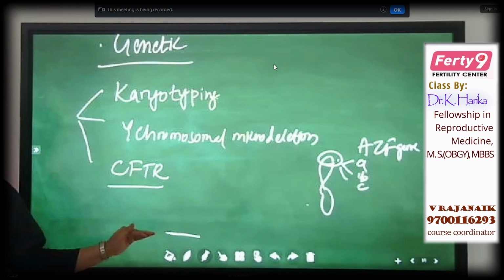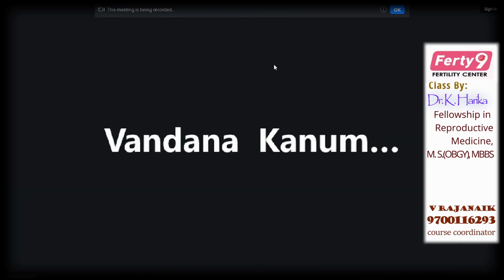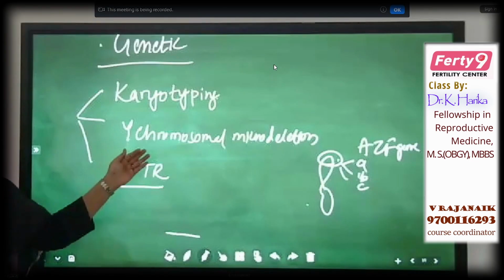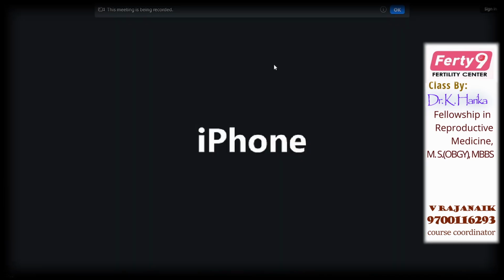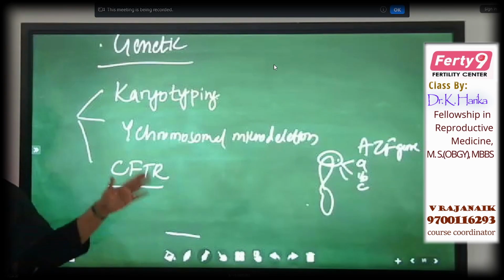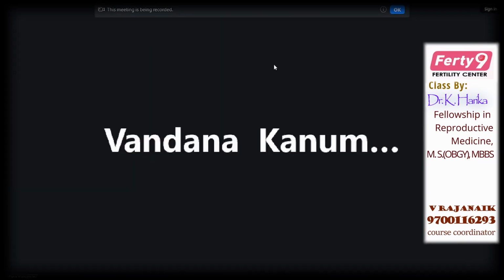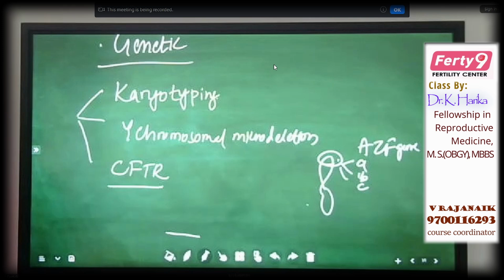Especially if there is obstructive azoospermia with absence of vas deferens, then only we have to get the CFTR gene mutation done. Next is non-obstructive azoospermia, which is related to testis pathology. Y-chromosomal microdeletions help in identifying the cause and also the success rates on TESA.